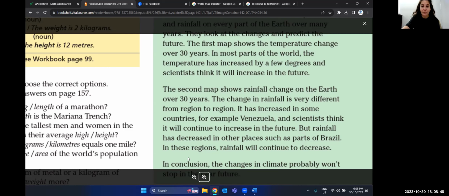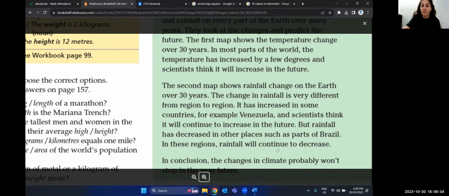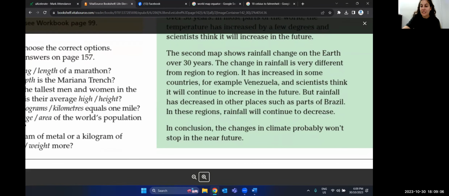But rainfall has decreased in other places, such as parts of Brazil. In these regions, rainfall will continue to decrease. In conclusion, the changes in climate probably won't stop in the near future.